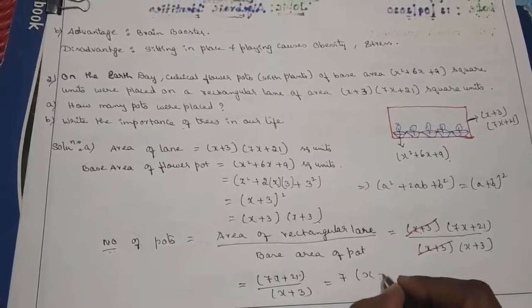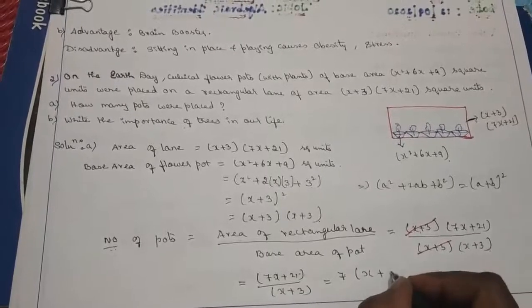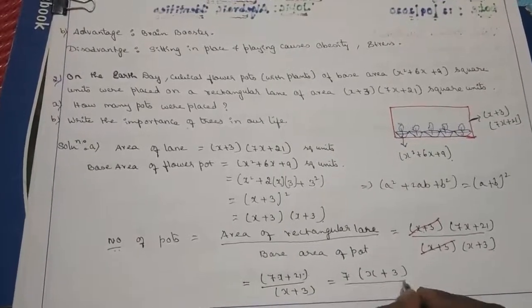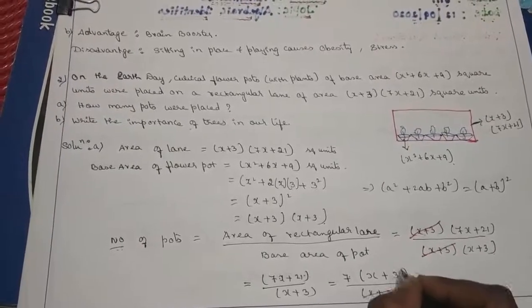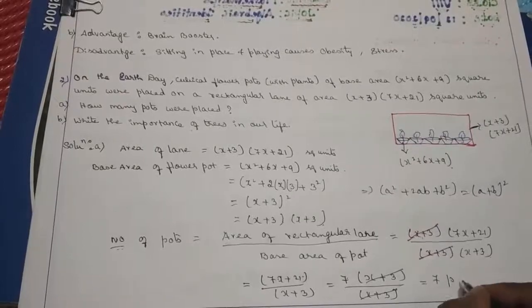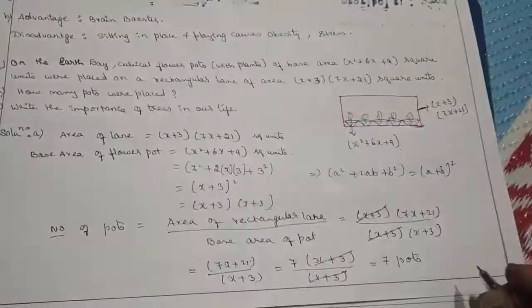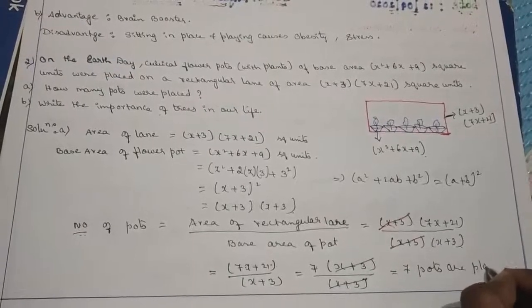Then left out is x plus 3. 7 is taken outside, means 7 3s are 21, divided by x plus 3. Here also we have the factor common, so it gets cancelled, equal to 7. That is 7 pots. 7 pots are placed.